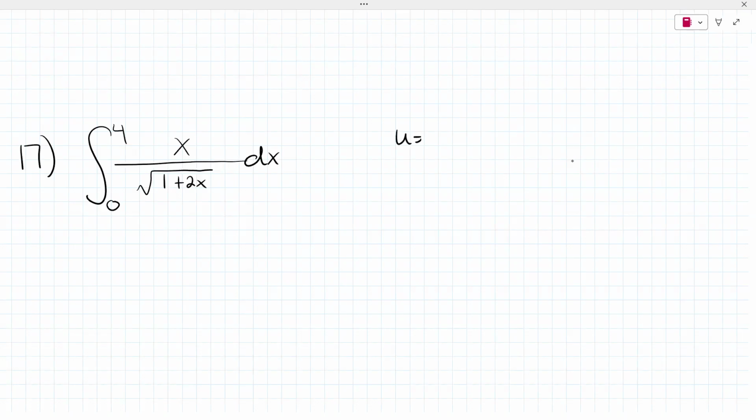So I'm going to set my u as 1 plus 2x, and then do the du. The derivative of 1 is 0, the derivative of 2x is 2. And then let's get rid of this 2 because, whoops, look here, we kind of have a problem.